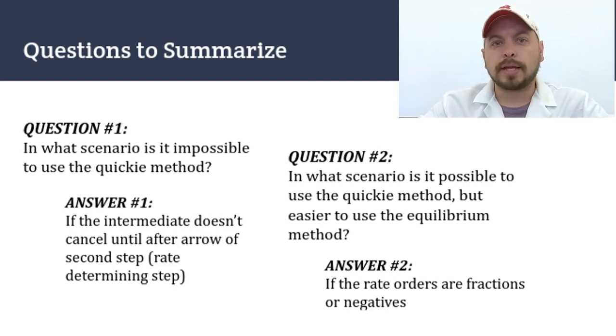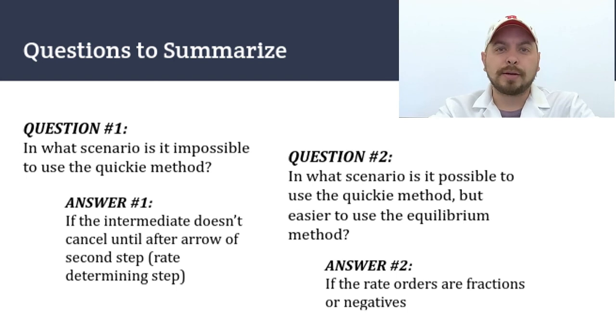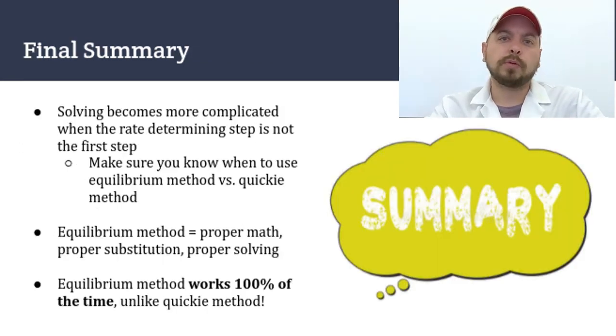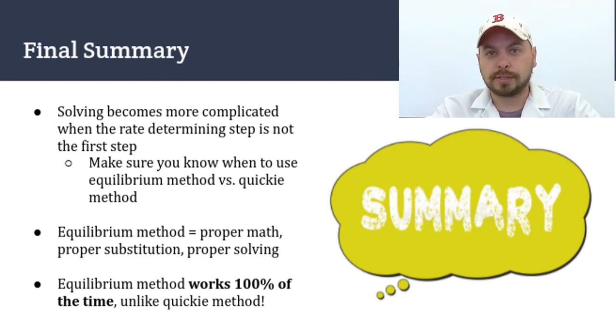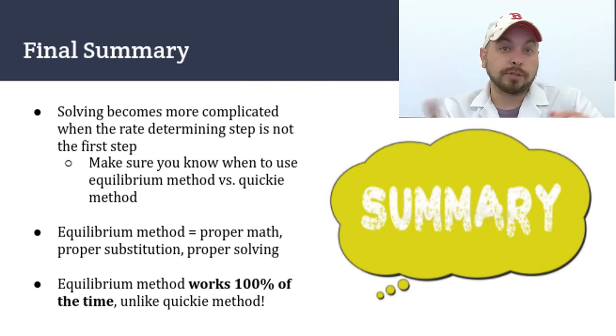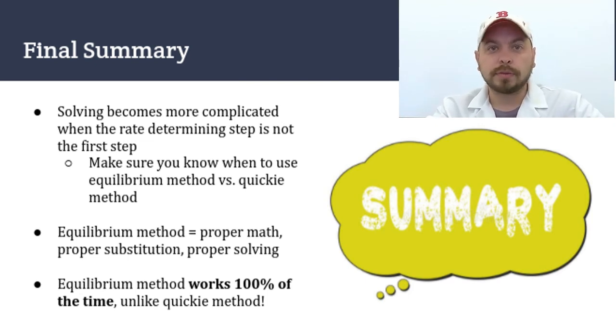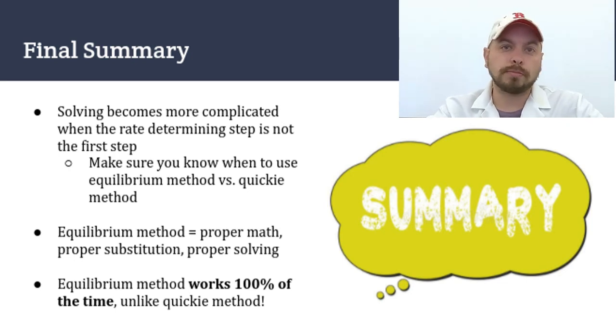Also, it gets more complicated if our rate orders happen to be fractions or negatives. The experimental data might not look pretty. The equilibrium method works for those circumstances, so you should practice it. But especially in a multiple choice type situation, the quicker method works very well, and it does work 90 to 95% of the time. So it's good to have in your back pocket.